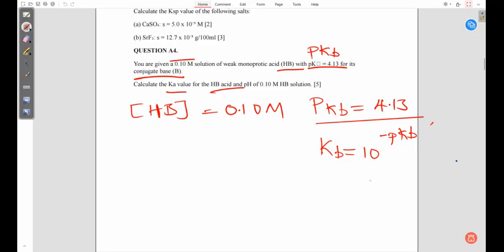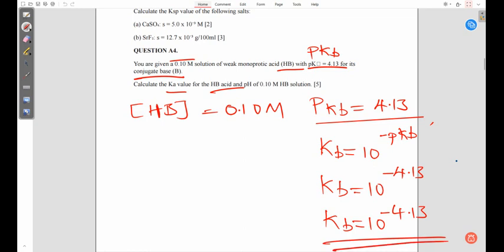So we can find the Kb by substituting. So that would be negative 4.13, and our Kb therefore becomes, we can actually just leave it at that point to avoid complications, since we're going to use that value.